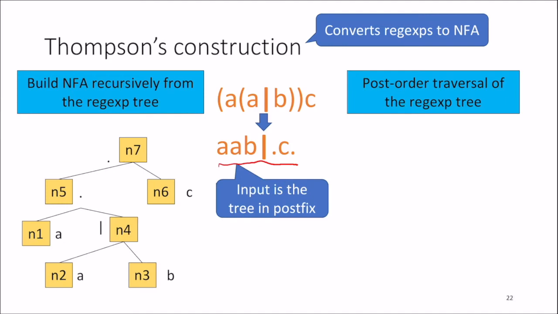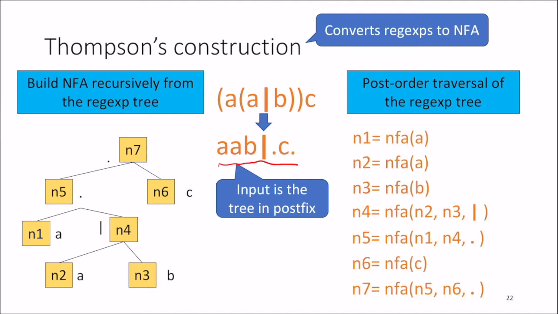What we want to do is take each node in this tree, each representing one NFA that can be created by going from left to right in this string in postfix order. So, for example, N1 is the NFA for this input symbol A, N2 is the NFA for this symbol A here, and N3 is this one for B.